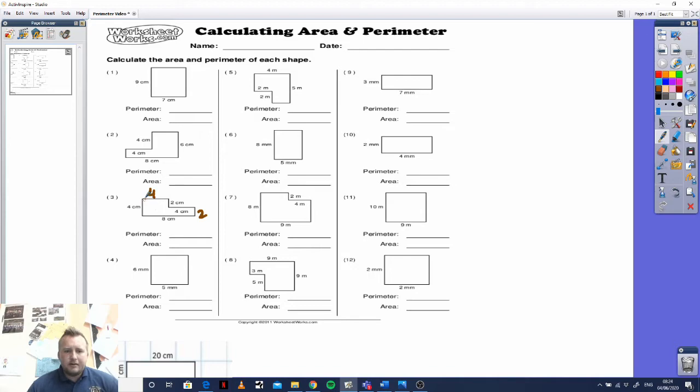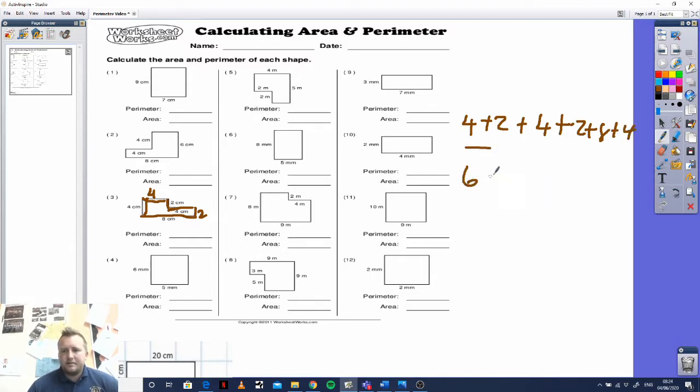And then we're going around. Let's start with the one that we worked out. 4 plus 2 plus 4 again, plus 2 again, plus 8, and then finally, plus 4.